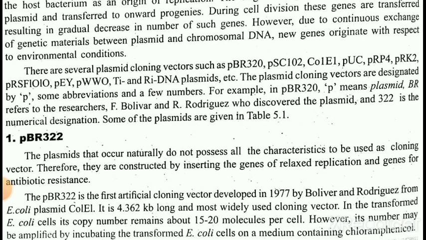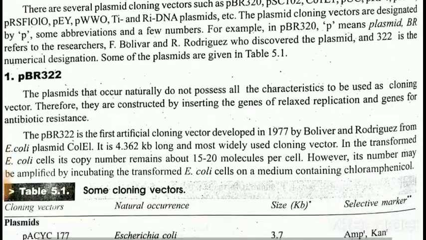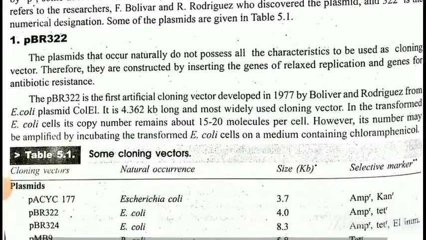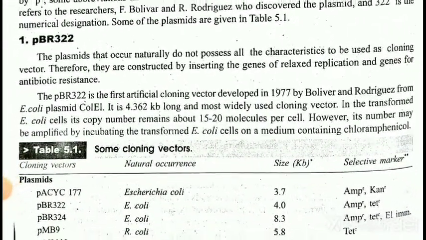pBR322. The plasmids that occur naturally do not possess all the characteristics to be used as cloning vectors. Therefore, they are constructed by inserting genes for relaxed replication and genes for antibiotic resistance. The pBR322 is the first artificial cloning vector, developed in 1977 by Bolivar and Rodriguez from an E. coli plasmid.